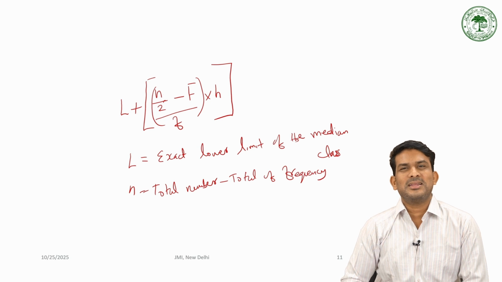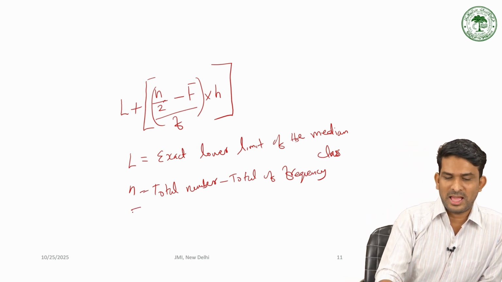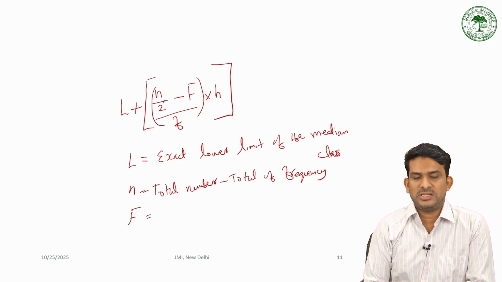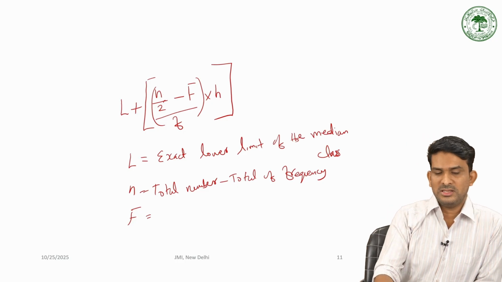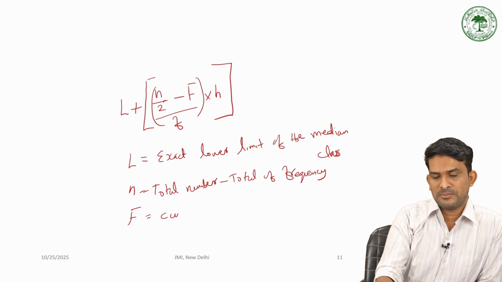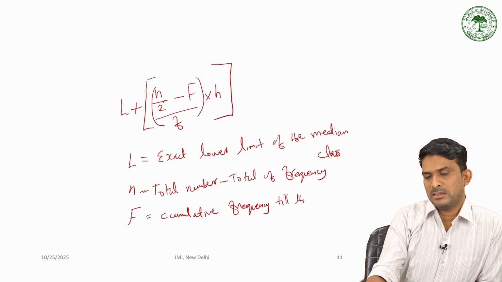Now, there is another new value, that is F. Capital F is known as cumulative frequency. F is the cumulative frequency till the median class.